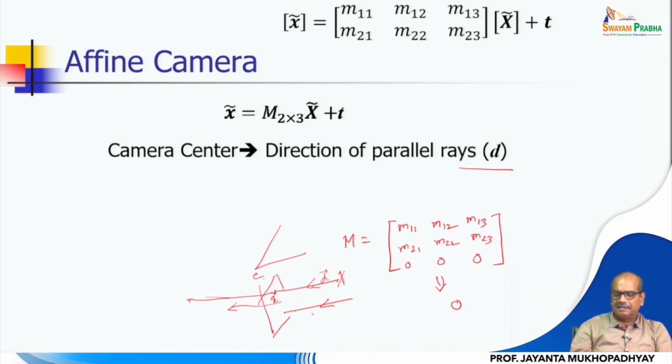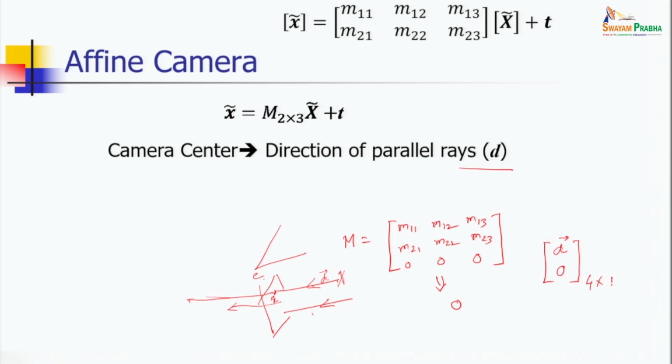Once again, this is that ideal point, and which is given by the direction and the 0. So this is that 4 cross 1 vector in the homogeneous coordinate representation, which will give you the camera center for an affine projection matrix. So how could this D be computed? Since D is a null vector of M, we have to solve this problem, MD.